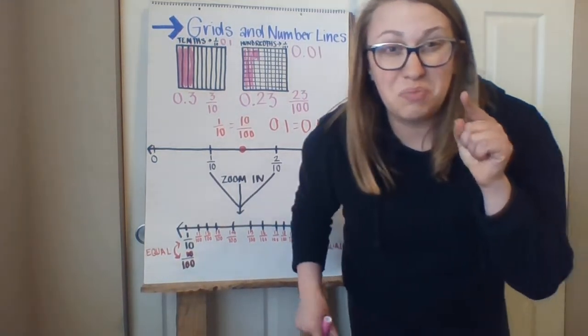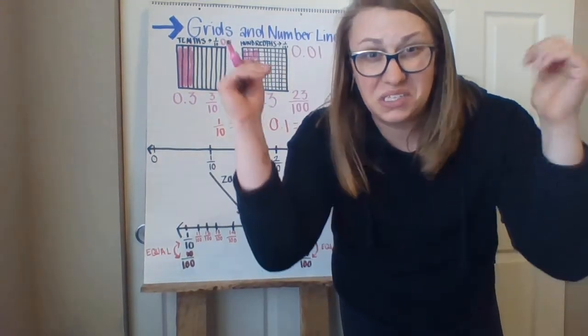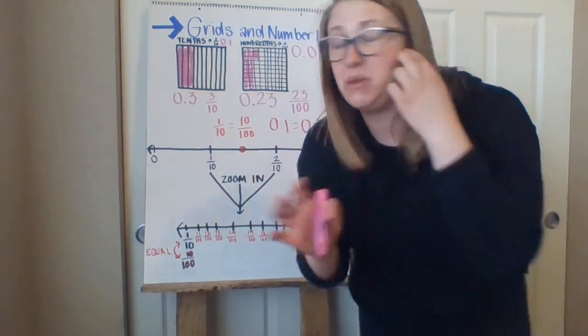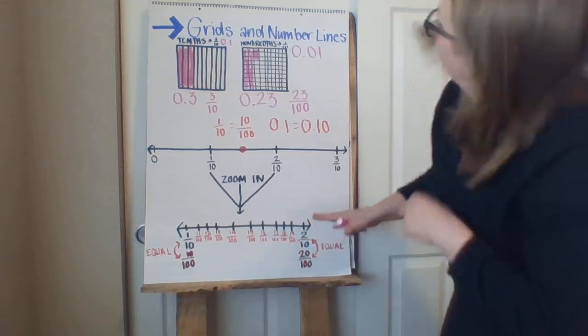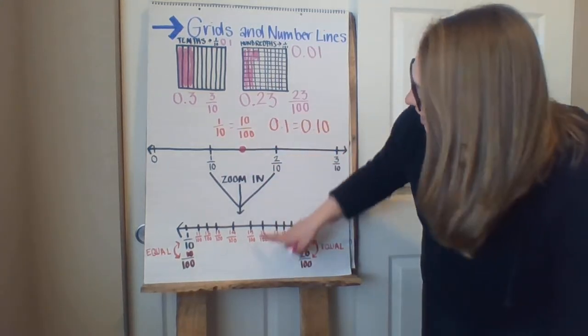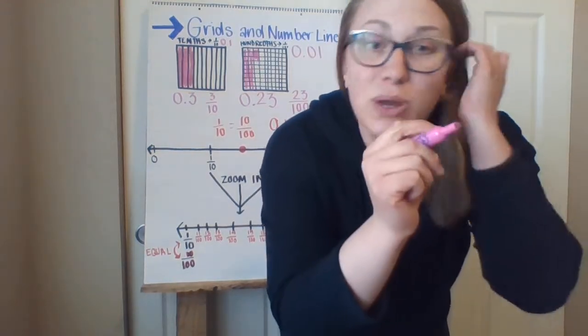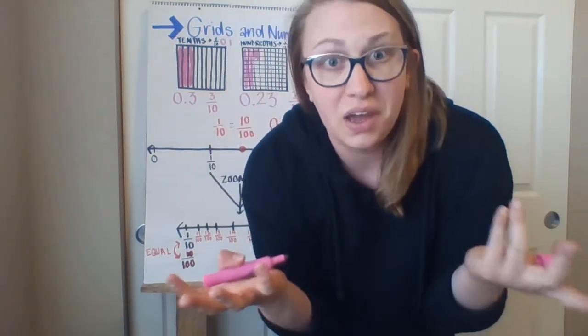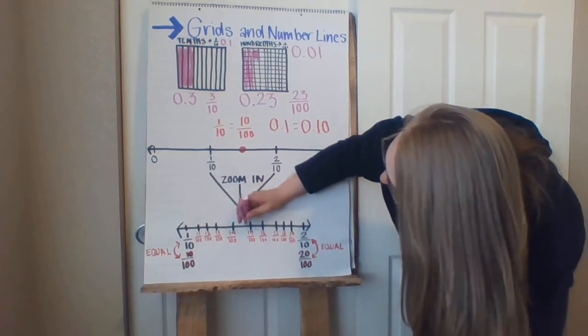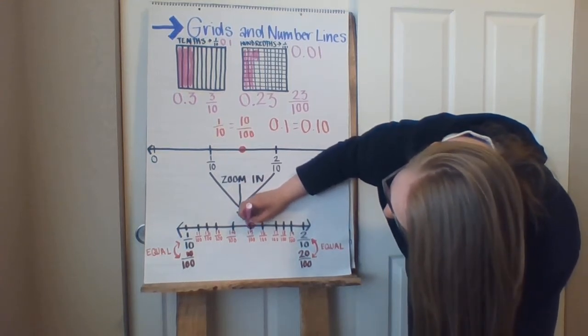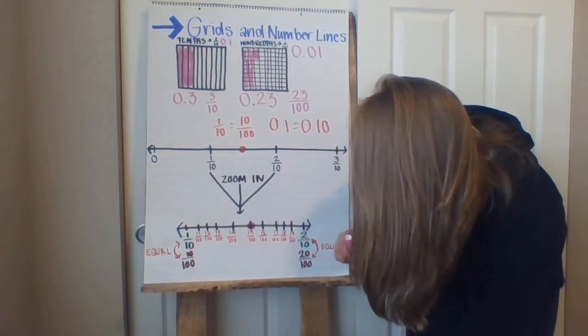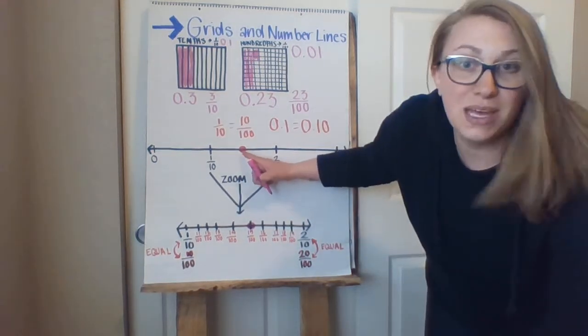I hope you're saying that along with me and you're like, oh yeah, I totally remember this. It totally makes sense to me. There are 10 little tick marks in there. Now, halfway between them is going to be 15, okay? Because half of 10 is 5, right? So it would make sense that we are on 15 100ths here, okay? Now, I can name this point.